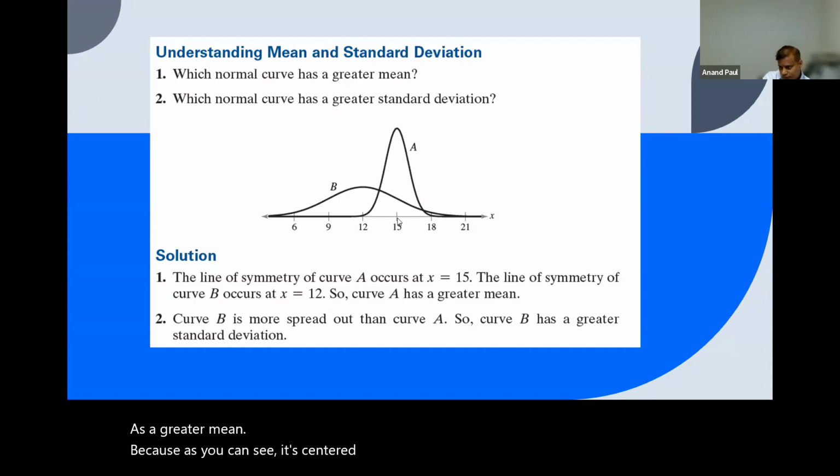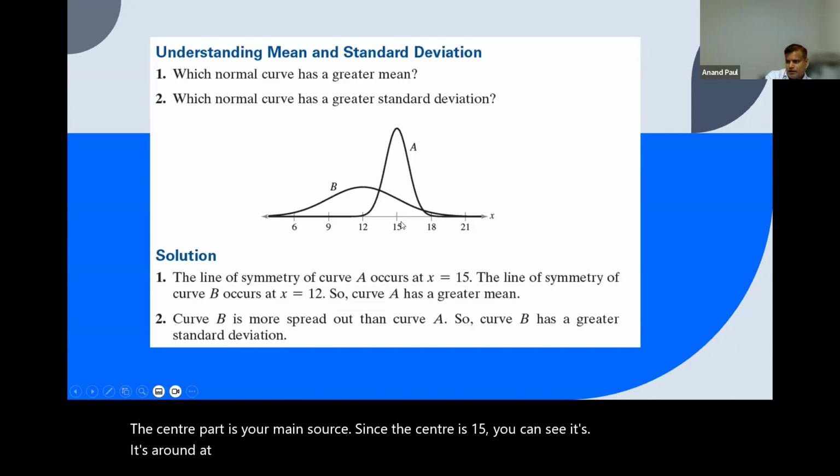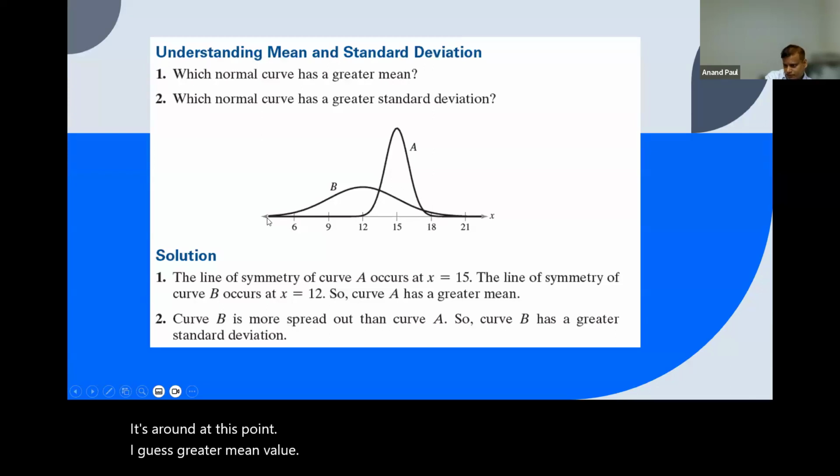As we can see, in a normal curve the center part is your mean. Since the center is 15, it has the greater mean value. But for the B curve, the center is 12, so it occurs at 12. That's less than 15, so here the mean is less.